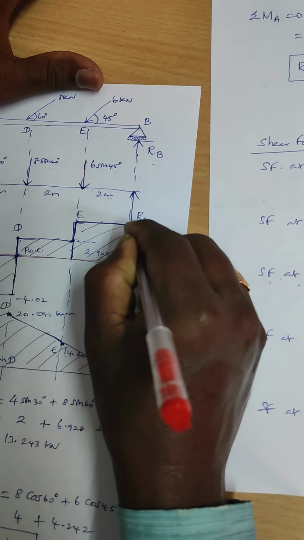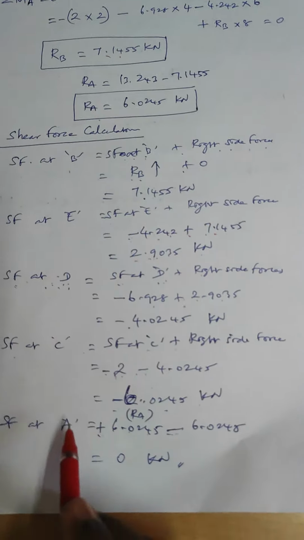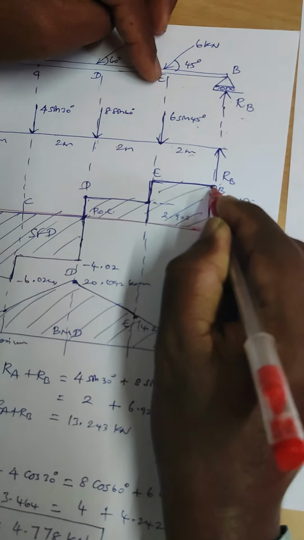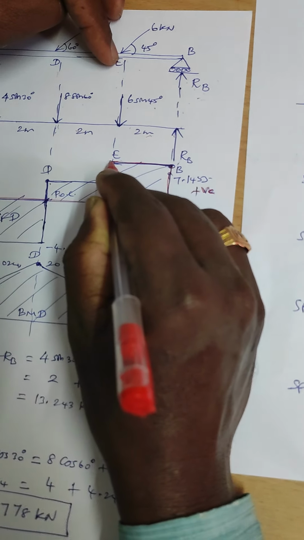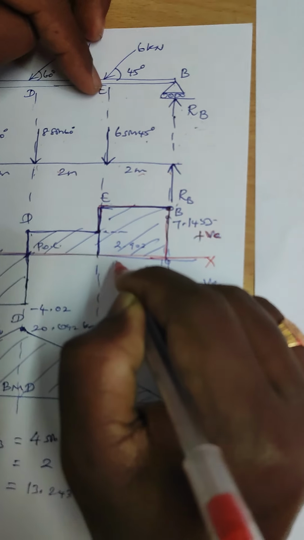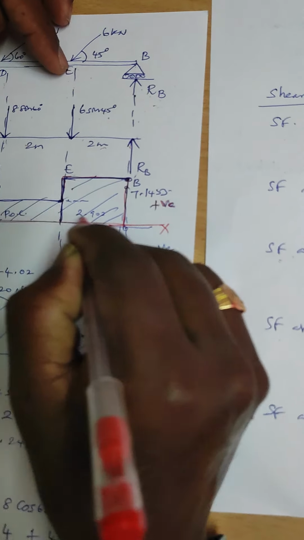This is called B. Next, shear force at E. At E, the value is 2.90. So at the same height you go up to E. Once it reaches E, suddenly drop. After the drop, the height from the datum line is 2.90.